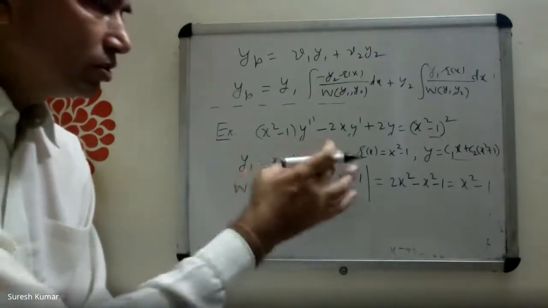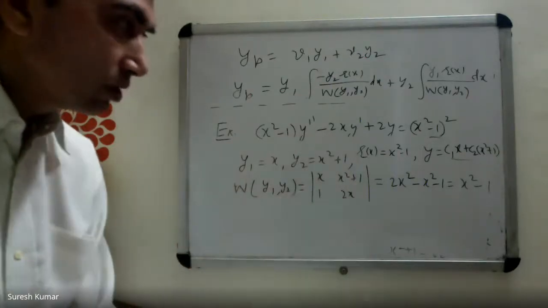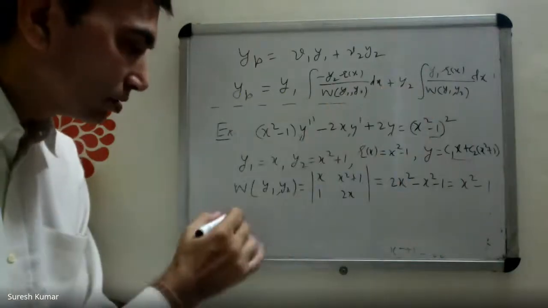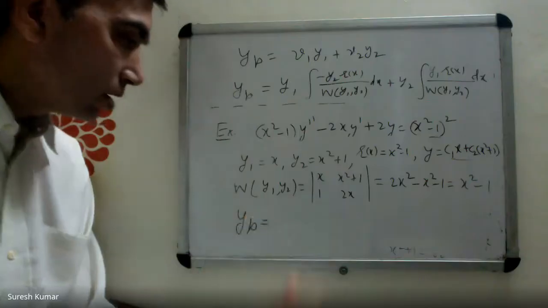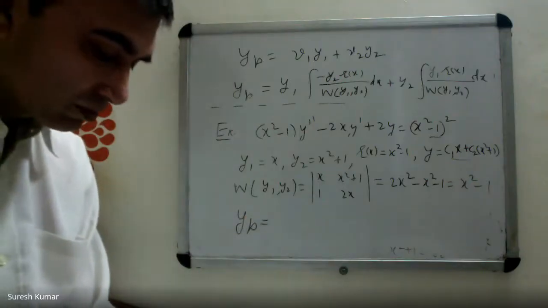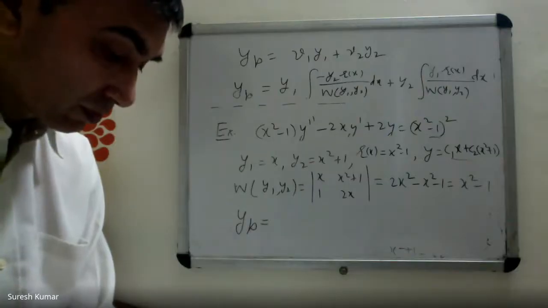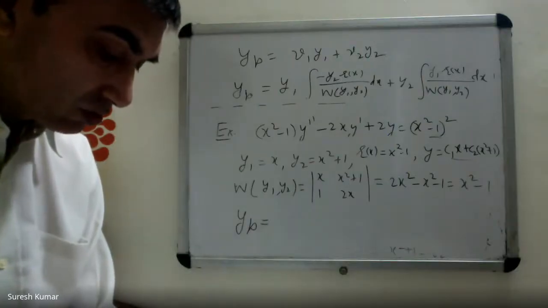So y1, y2, Rx, Wronskian, you have calculated all. Substitute here into this and see what is yp. Please do this calculation yourself. Let me know what do you get.